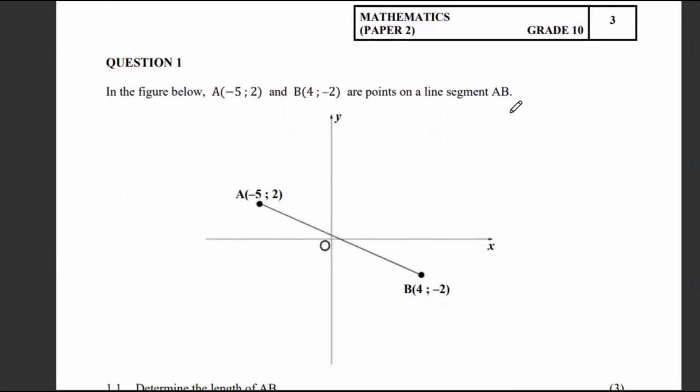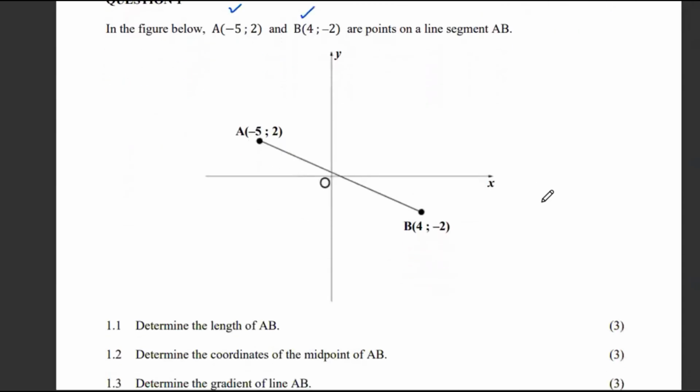In the figure below, A is (-5; 2), B is (4; -2). Perfect. They want us to get the length. When they ask for the length, they sometimes use the word magnitude, but all this represents what we call the distance.